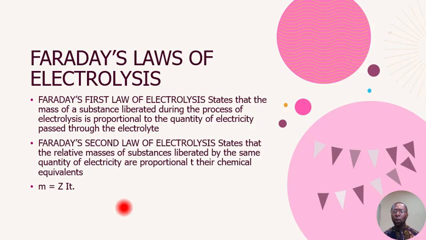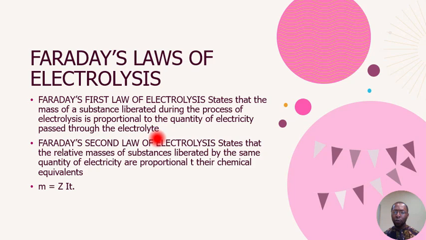Now let's talk about the law that governs electrolysis. This law was propounded by a scientist called Michael Faraday. He actually propounded two laws of electrolysis. The first law states that the mass of a substance liberated during the process of electrolysis is proportional to the quantity of electricity passed through the electrolyte.